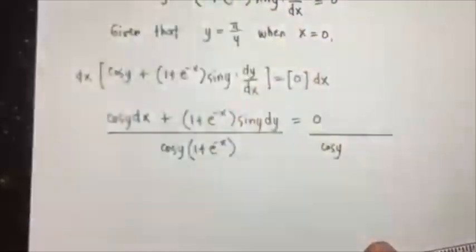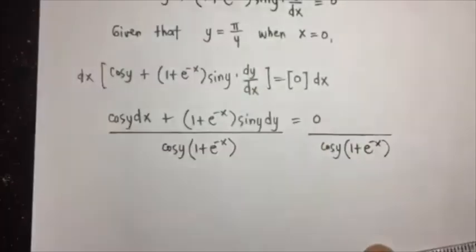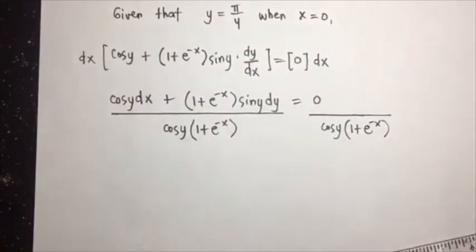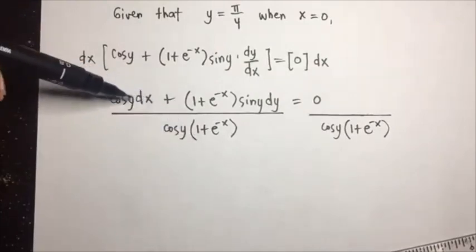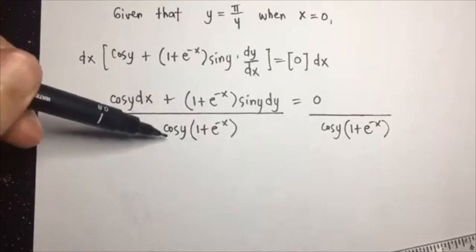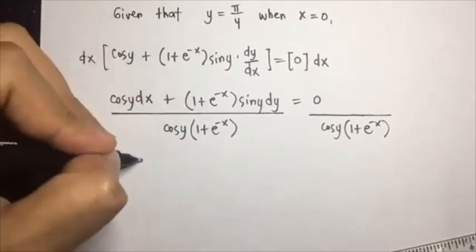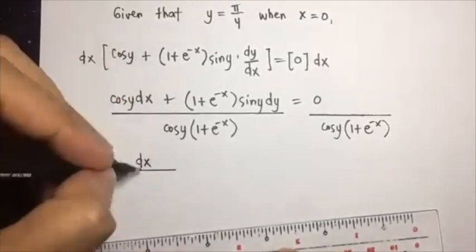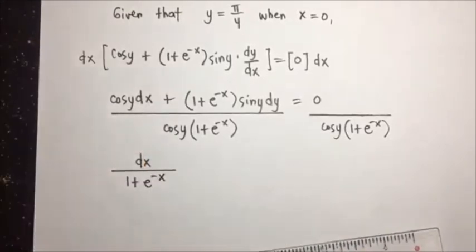So divide this by cosine y times 1 plus e to the negative x. Obviously nothing will happen on the right side of the equation, but we still need to show that step. Dividing, cosine y dx divided by cosine y times 1 plus e to the negative x, what will remain is dx over 1 plus e to the negative x.